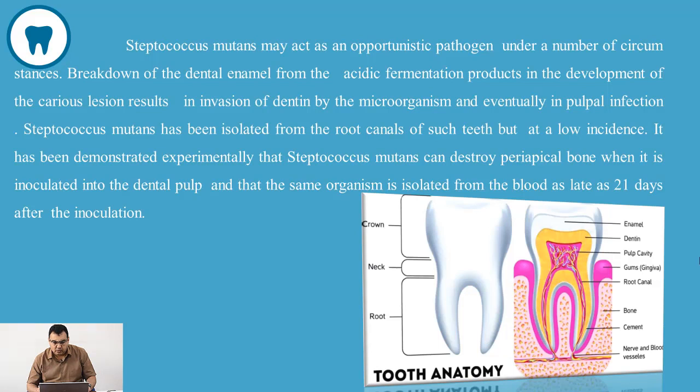Streptococcus mutans has been isolated from the root canals of such teeth but at low incidence. It has been demonstrated experimentally that Streptococcus mutans can destroy cervical bone when it is inoculated into the dental pulp, and that same organism is isolated from blood as late as 21 days after the inoculation.